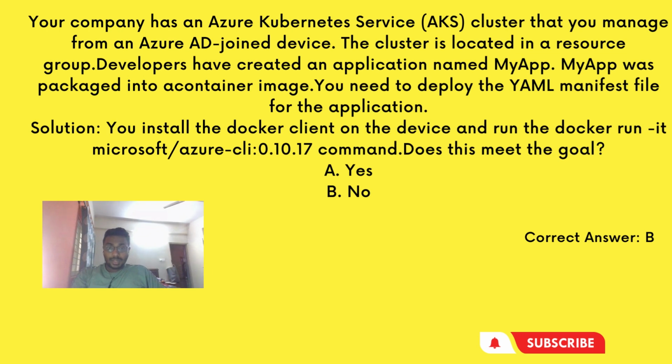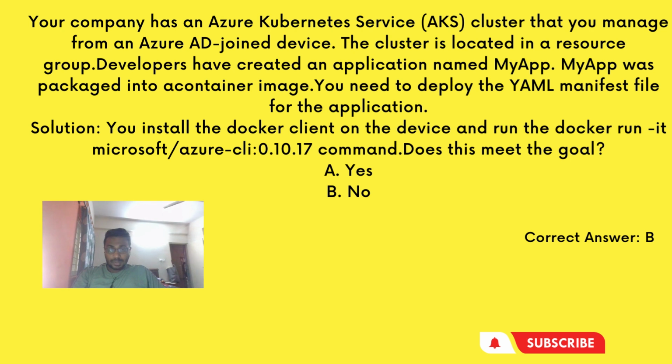Your company has an AKS cluster that you manage from an AD-joined device. The cluster is located in a resource group, and a developer has created an application called myapp. Now myapp was packaged into a container image. You need to deploy a YAML manifest file for the application. The solution is to install the Docker client on the device and run docker run using the Microsoft CLI.